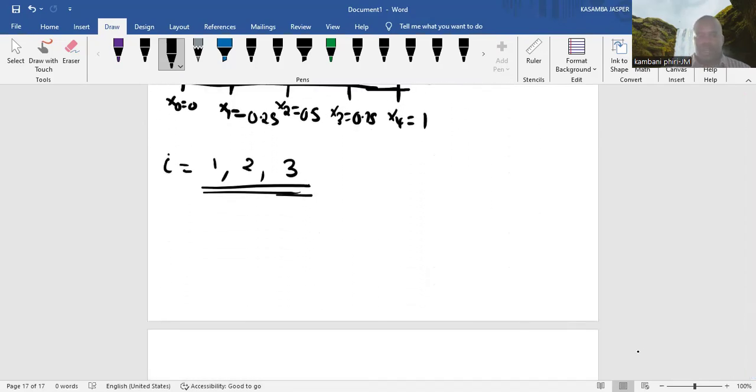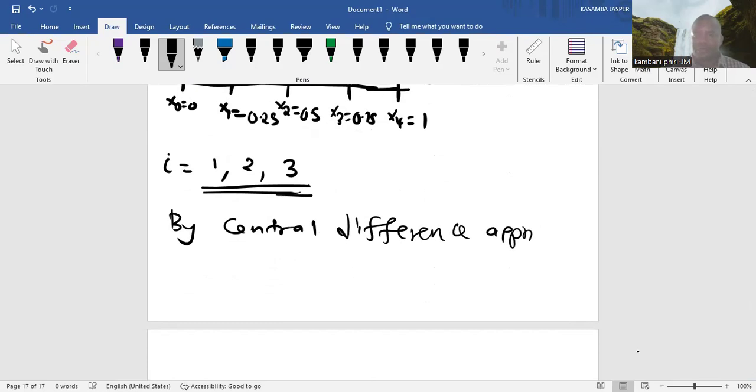So we are going to have the central difference approach, and we'll have T(i+1) minus 2T(i) plus T(i-1), everything here divided by h squared.